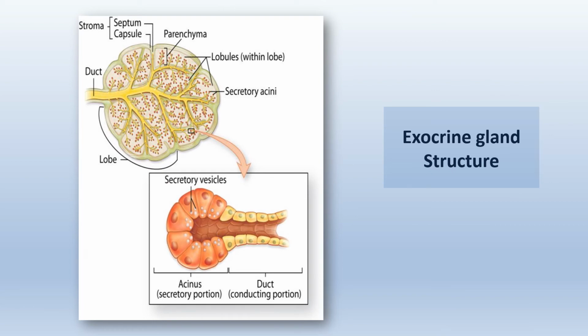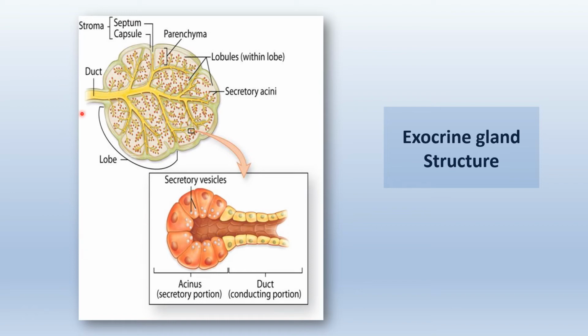Exocrine glands, by definition, have ducts that lead to another organ or body surface. Inside the glands, the duct runs through the connective tissue of septa and branches repeatedly until its smallest branches end in the secretory portion of the glands.